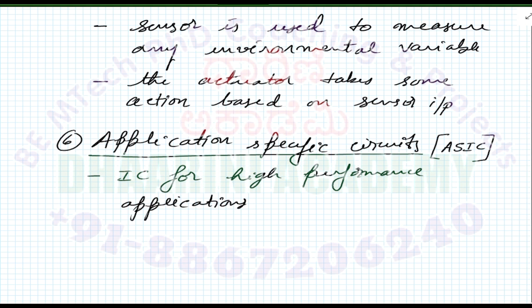That is always suggested because it reduces the cost by a huge margin. And it also takes very little space. Because of all these reasons, we go for application specific circuits.